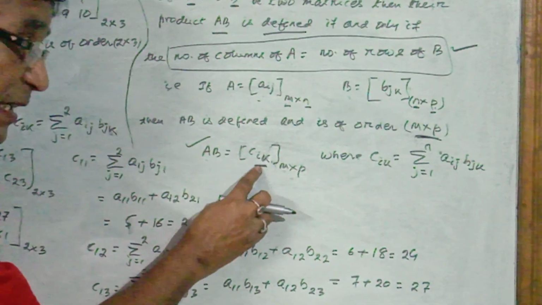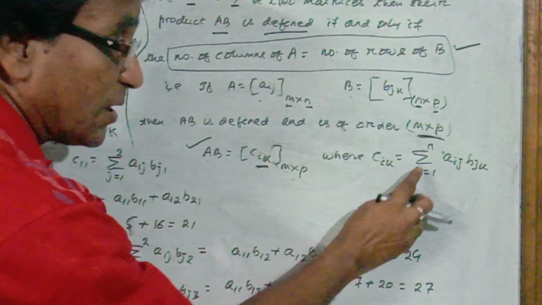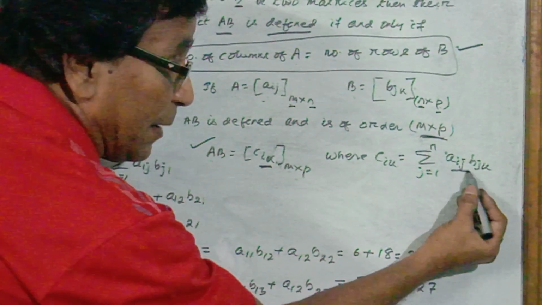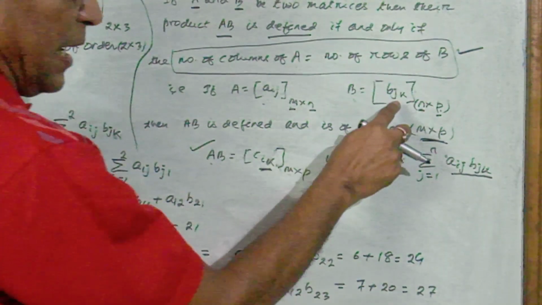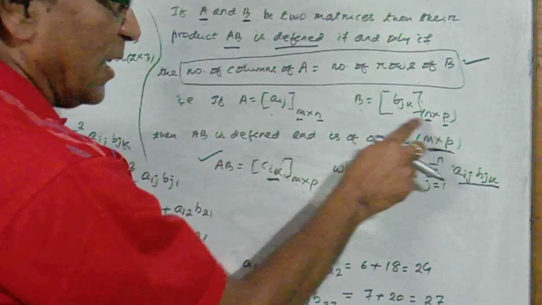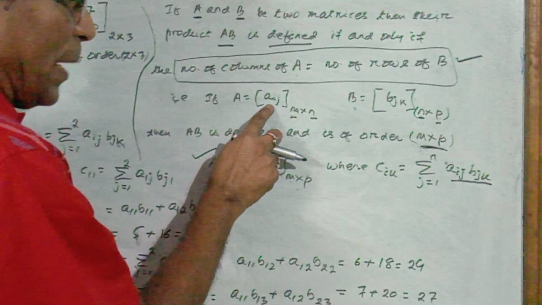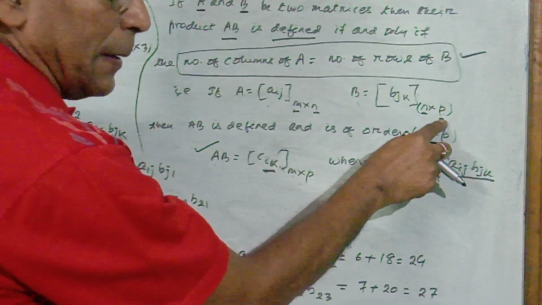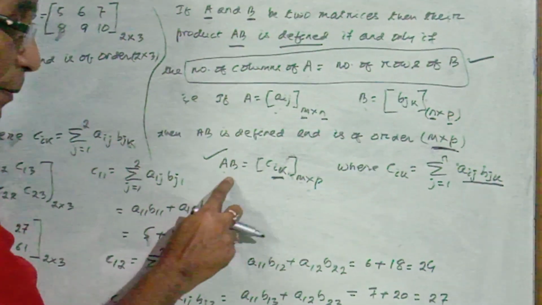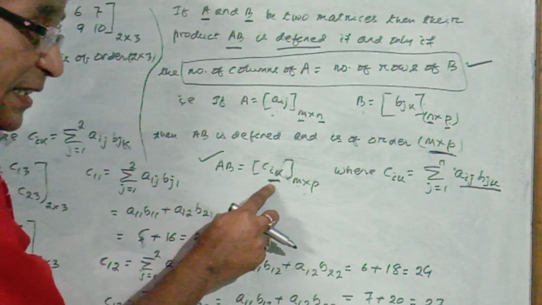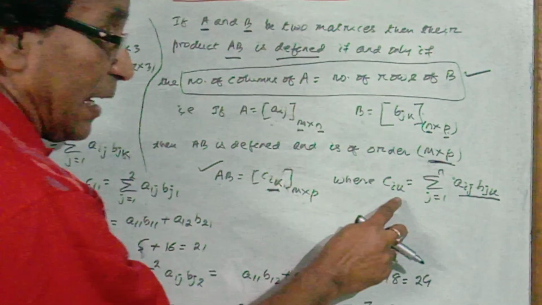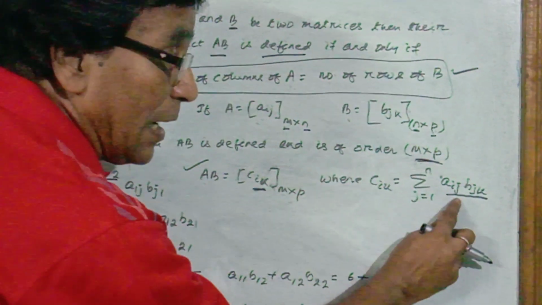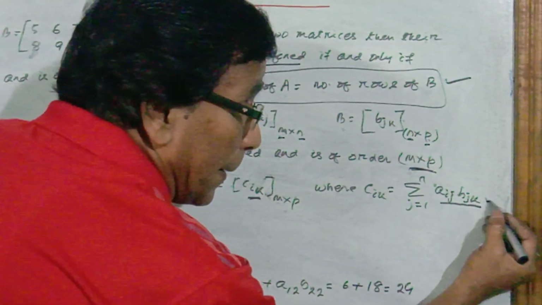Then you remember that Cik is always given by the summation, j varies from 1 to n, of Aij Bjk, because j, the number of columns, varies from 1 to n, i varies from 1 to m, and k varies from 1 to p. So you remember that the product AB matrix is Cik, where Cik must be equal to the summation, j varies from 1 to n, of Aij into Bjk.